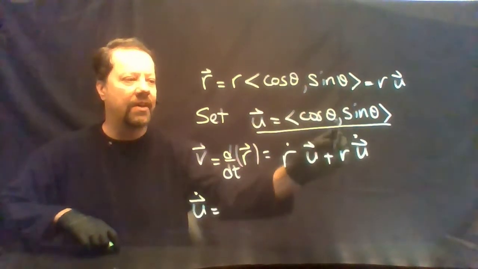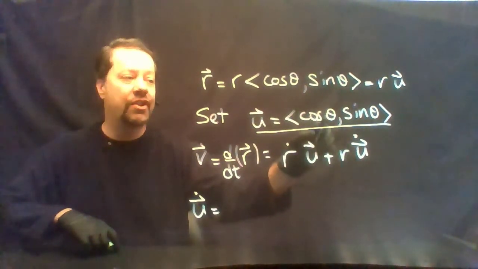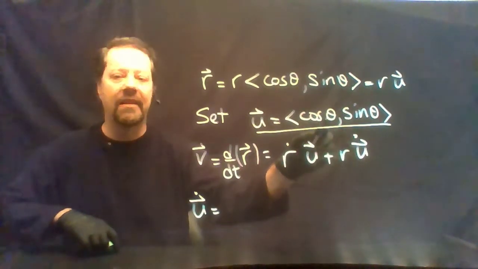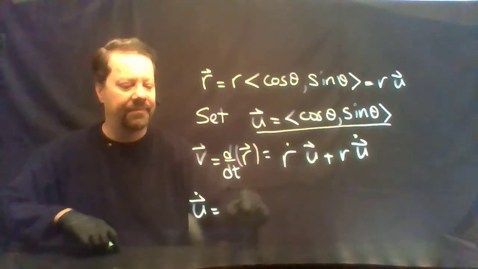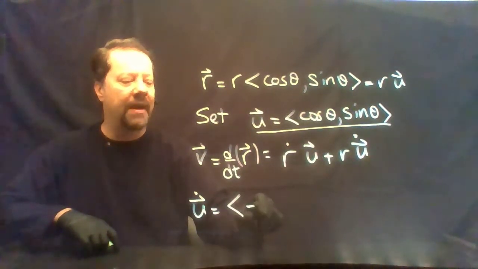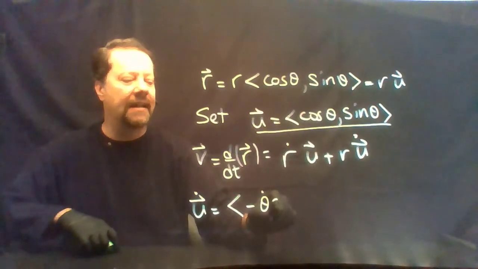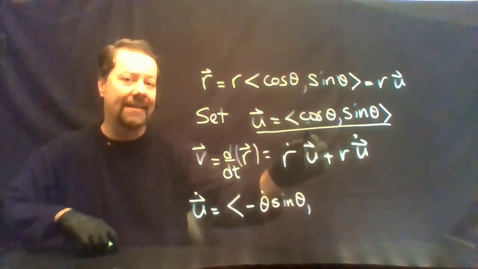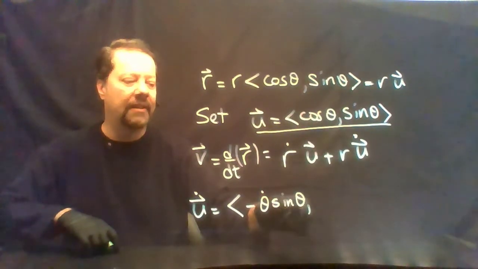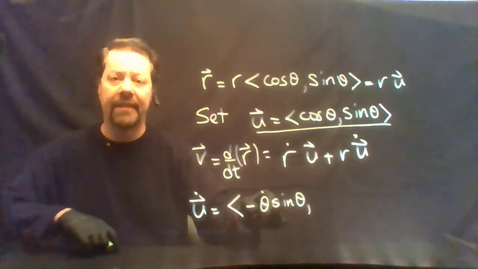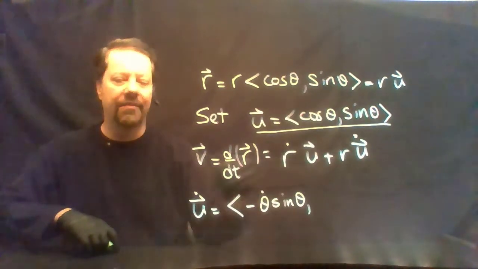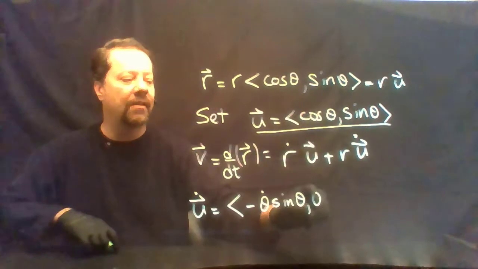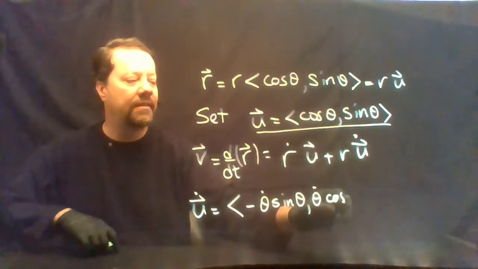U dot is going to be calculated using the chain rule for each of the coordinates, with the cosine function with the theta function inside. That's going to give us minus theta dot sine theta. The derivative of cosine is minus sine, leave the inside alone, and then multiply by the derivative of the inside. Dots, of course, representing derivatives with respect to time. The derivative of the second coordinate is theta dot cosine theta.